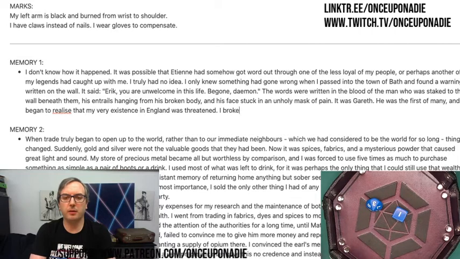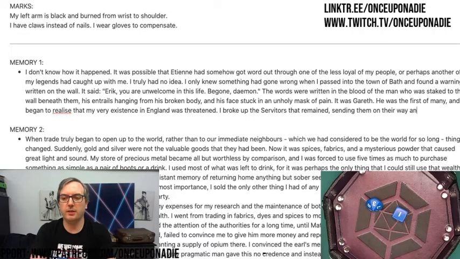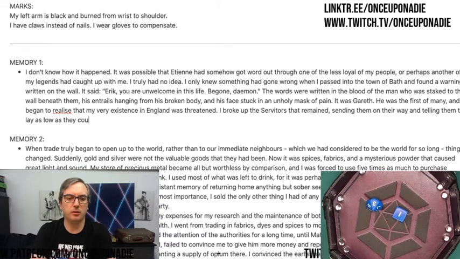I broke up the servitors that remained, sending them on their way and telling them to lay as low as they could.